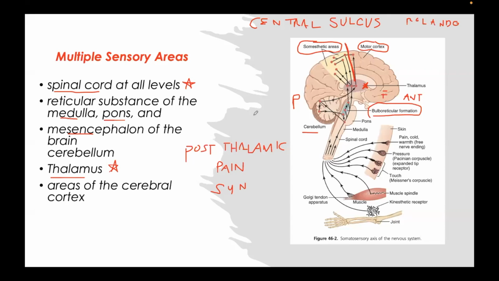Example, you had a stroke in the thalamus. After that stroke, since the thalamus is involved, you're going to complain of severe pain on one half of your body. This is what we call Dejerine-Roussy syndrome.